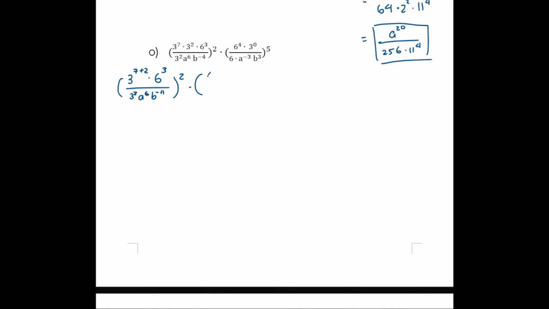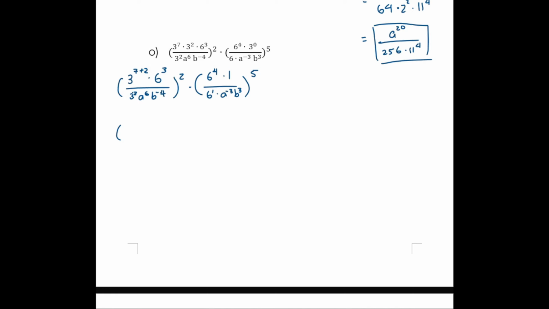Okay, here we've got 6 to the 4 times, what's 3 to the 0? That's just 1, right? We've got 6 to the power of 1 times a to the minus 3, b to the 3, all to the power of 5. Okay. So here we've got 3 to the 9, right? 7 plus 2 is 9.